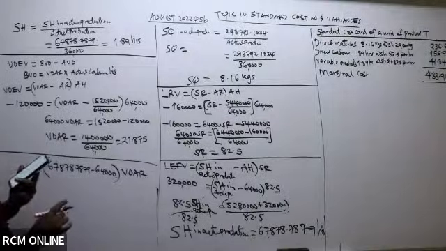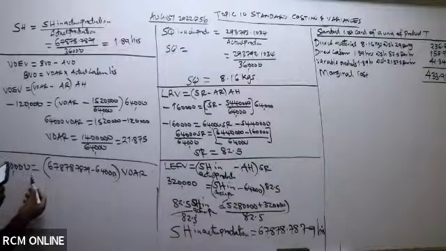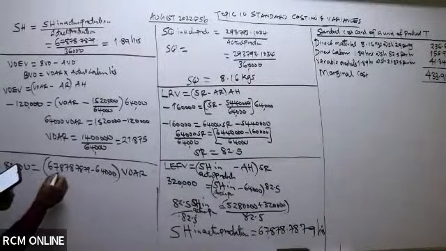What is our variable overhead expenditure variance? It is positive 80,000. So positive 80,000, can we break the bracket?